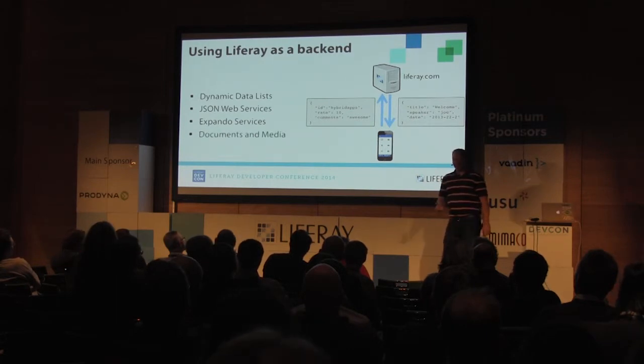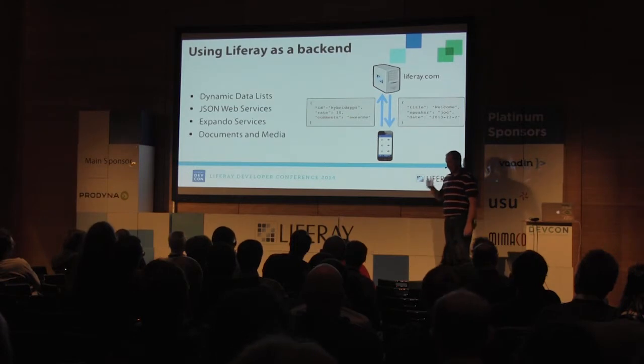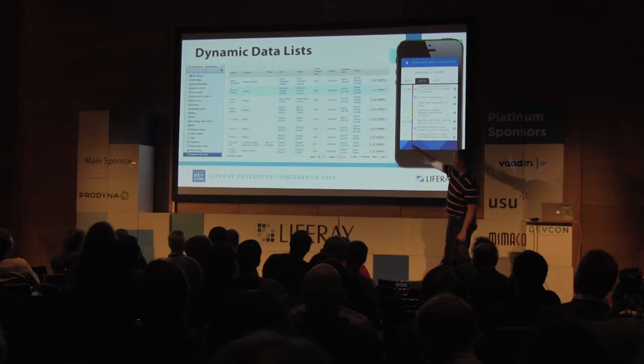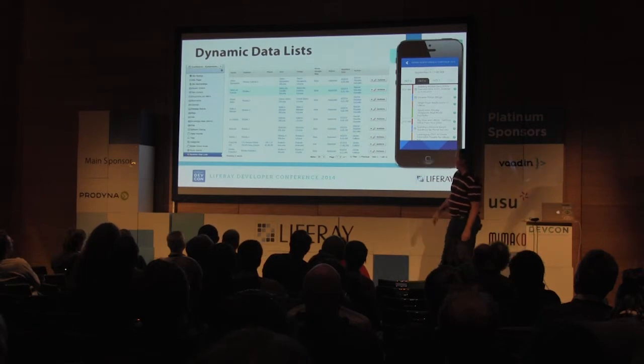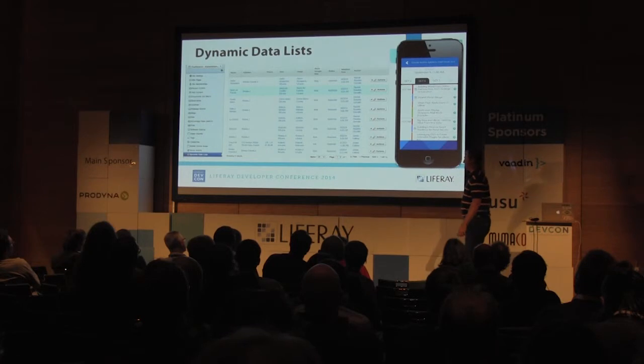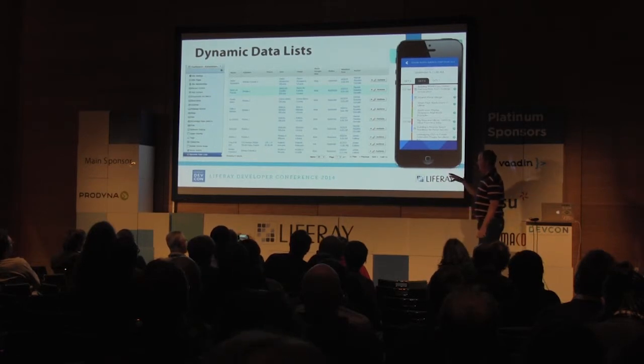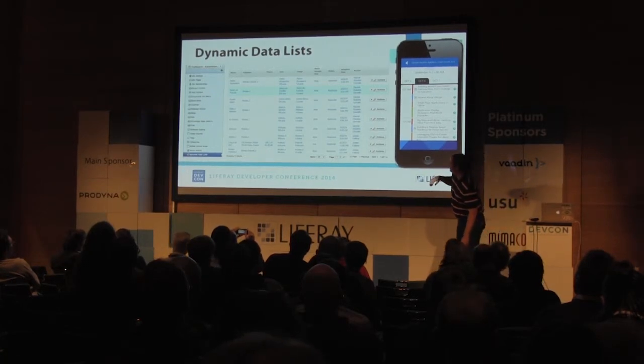We also use documents and media, also known as a document library, to store images like the speaker headshots and the images for the maps and so forth. So here's a quick example of a dynamic data list for the France Symposium that we had in Paris earlier this year. If you're familiar with these, this is just a list of arbitrary content, arbitrary columns, and this is actually a list of, I think, maps.